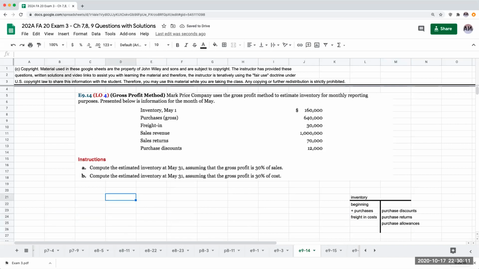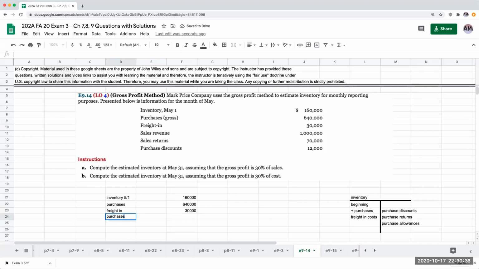So my goods available for sale at cost would be inventory on May 1st, which was $160,000. My purchases were $640,000. And then my freight in, which are shipping costs that are included in my inventory, is $30,000.